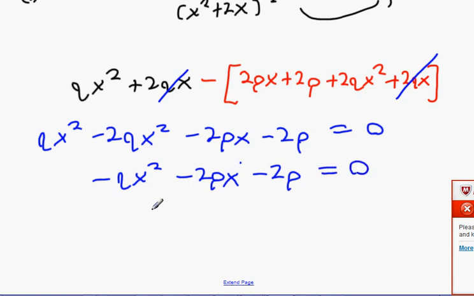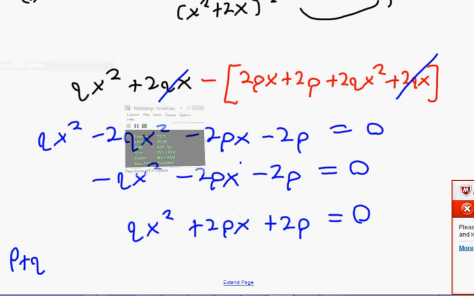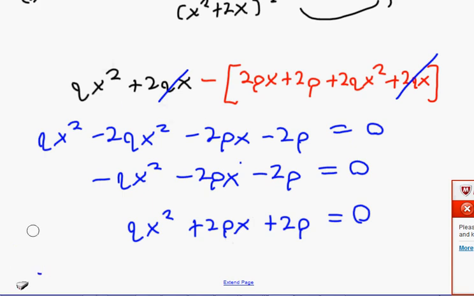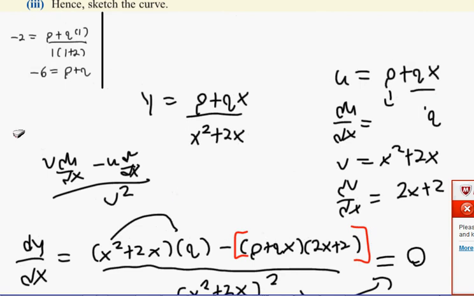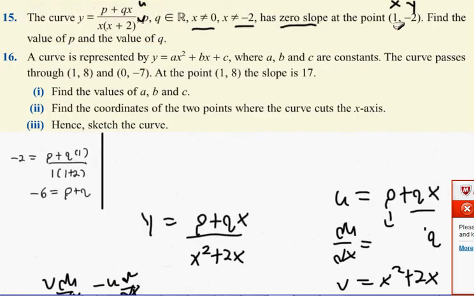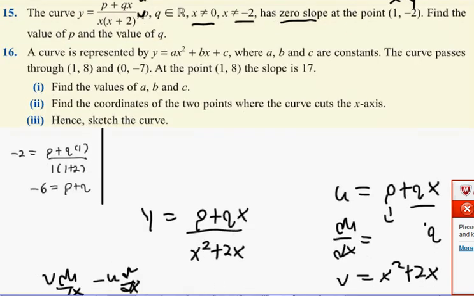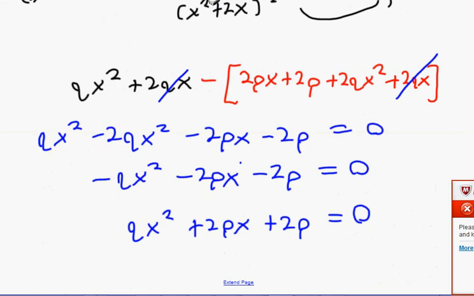And then what we're going to get here is qx squared. I'm going to multiply both sides by minus, equals 0. Now, what happens here, guys, is that we actually forgot to sub in the x value. We were meant to sub in the x value right at the start, the x value being 1. But it doesn't matter, we actually haven't affected our question by going on further.